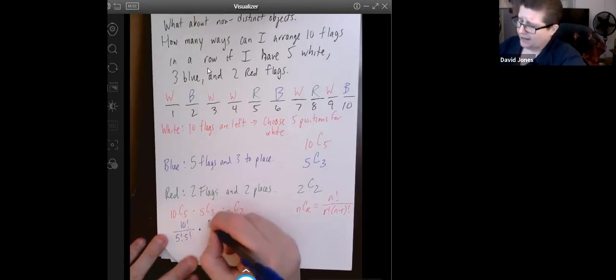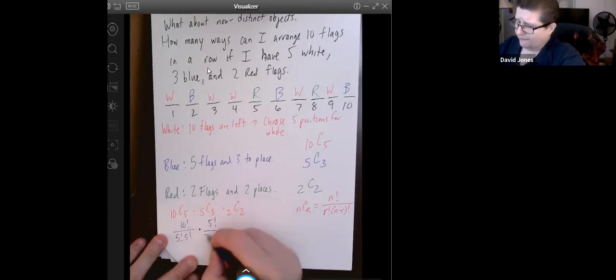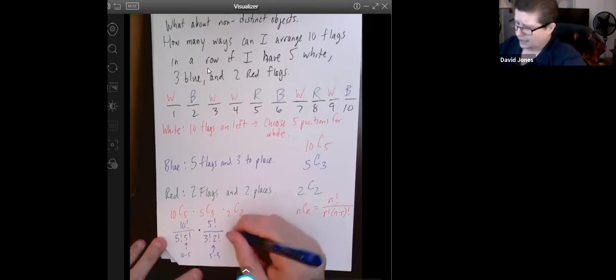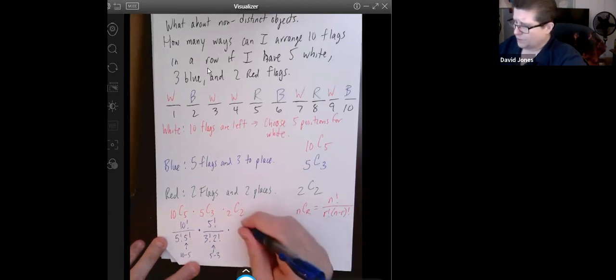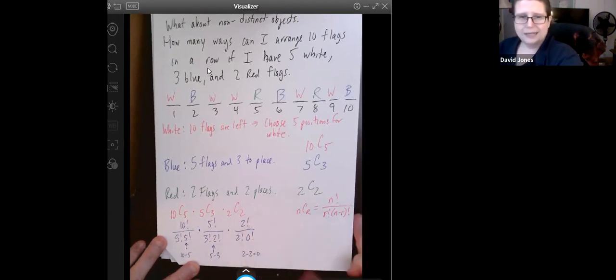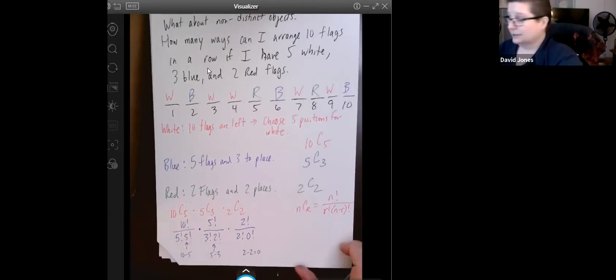This is 5 factorial over 3 factorial, and then 5 minus 3 is 2 factorial. That's my 10 minus 5. That's my 5 minus 3. And then I do 2 choose 2: 2 factorial over 2 factorial, and 2 minus 2 is 0, 0 factorial. I told you we needed 0 factorial to equal 1.